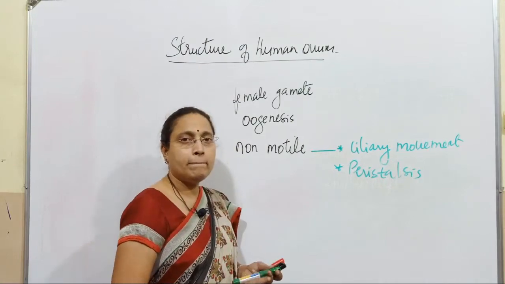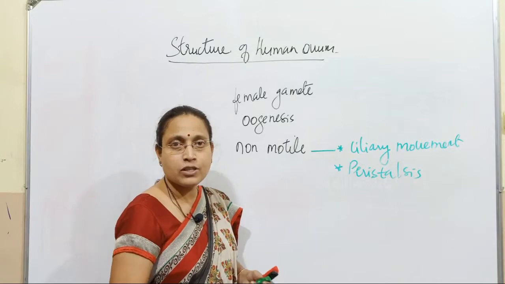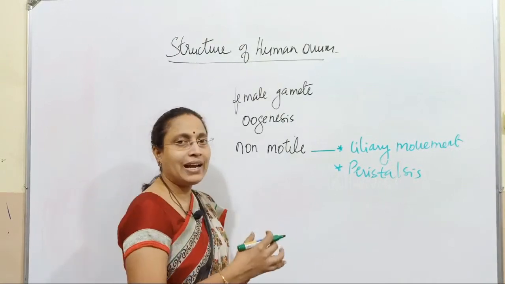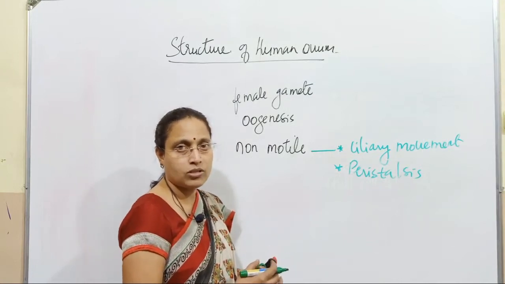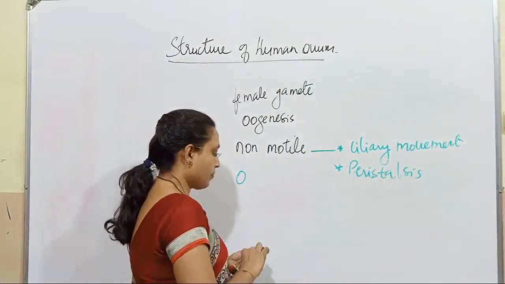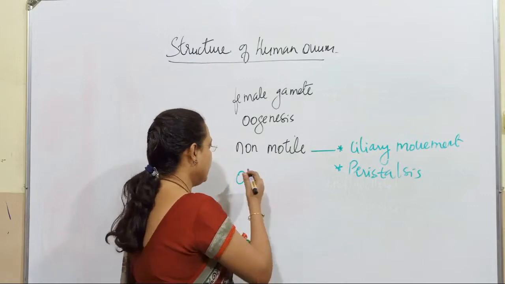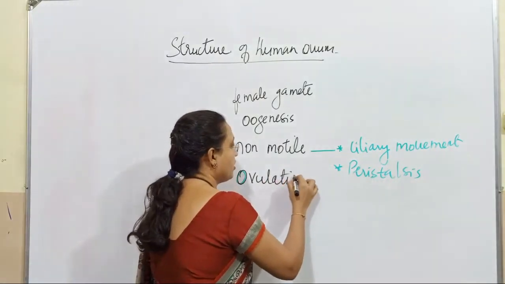Once the ovum is released from the Graafian follicle, which I have explained in a previous class already, that release will be at the secondary oocyte stage. Ovum here refers to the secondary oocyte stage, and that release of the secondary oocyte from the mature Graafian follicle is called ovulation.